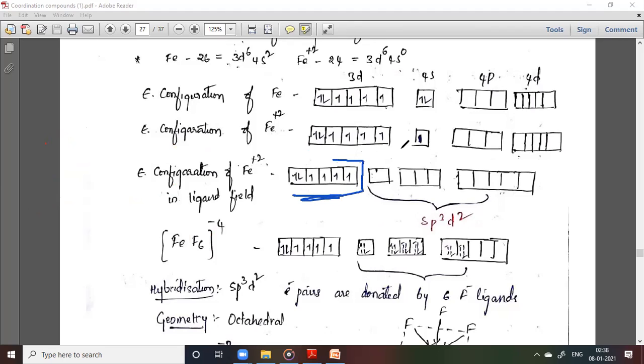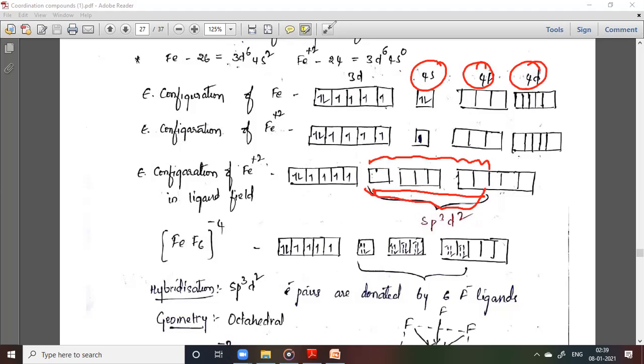For an inner orbital complex, two vacant d orbitals are needed, then we can get d2sp3, but there are no vacant 3d orbitals. So it will take the orbitals from the outer shell like this. So you should understand one thing here: it will take the hybridization sp3d2 from here to here.